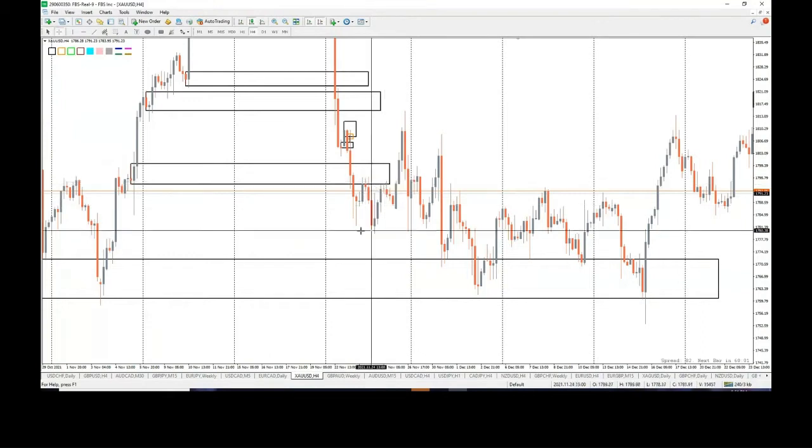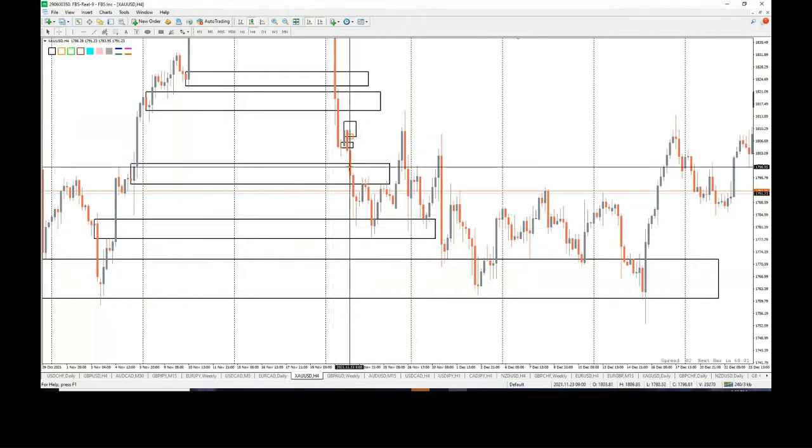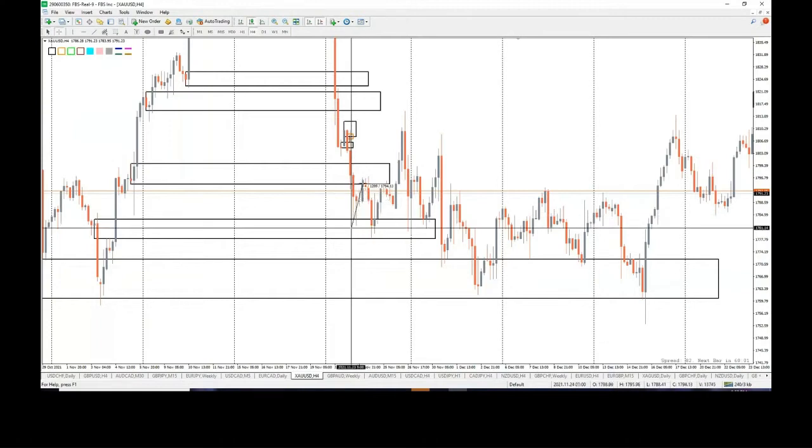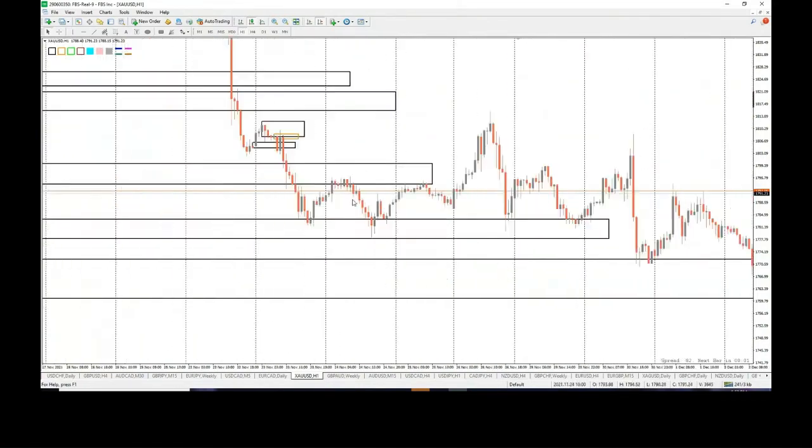But why is the price going up right here? There's a zone right here, where the H4 engulfing failed. So when the price goes down right here, we can scalp a buy. That is the H4 zone.